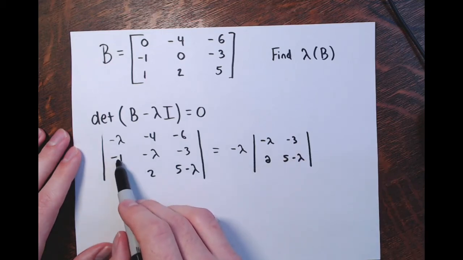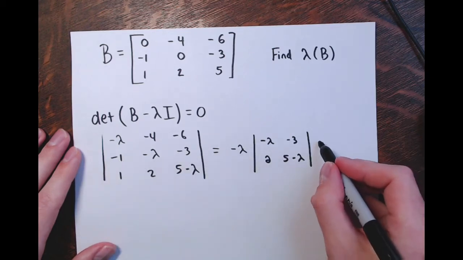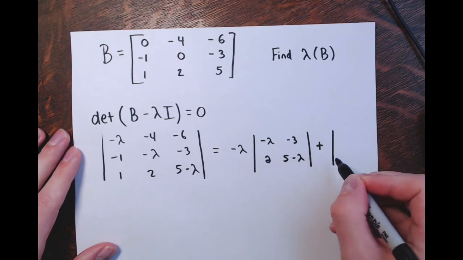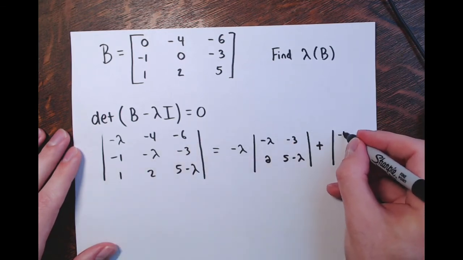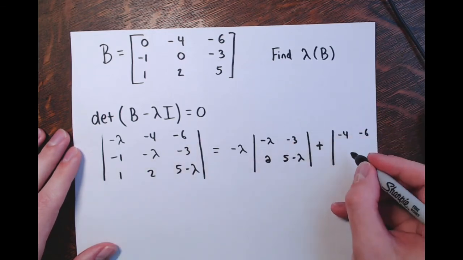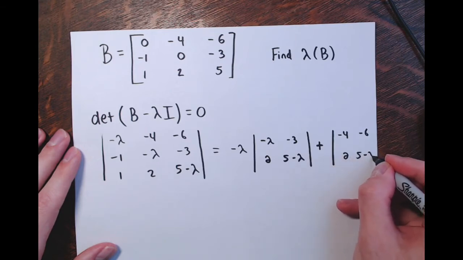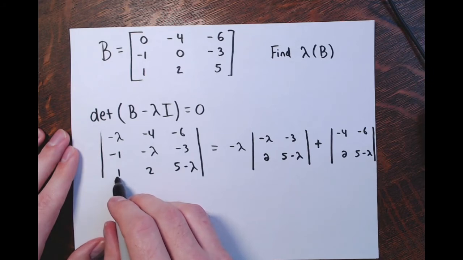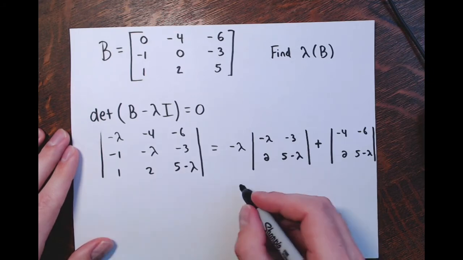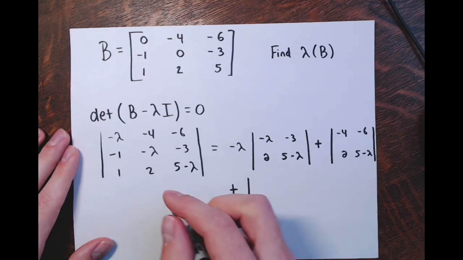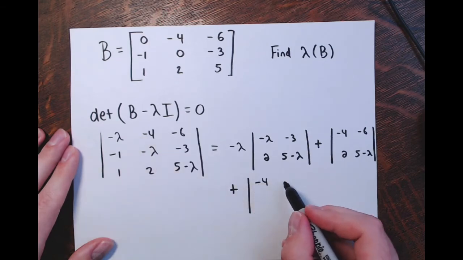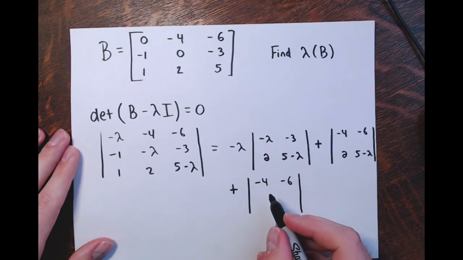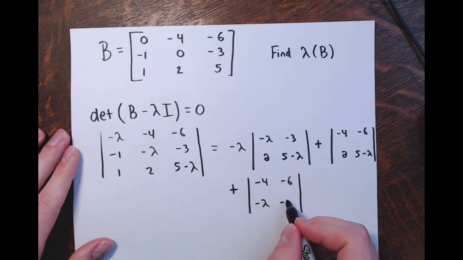And then this is in an odd position, so I'm just going to take the opposite of the number. So plus 1 times its minor: negative 4, negative 6, 2, and 5 minus lambda. And then this is in an even position, right? Third row, first column. So I'll keep that entry the way it is, plus 1 times its minor, which would be the determinant of this 2 by 2 matrix, negative 4, negative 6, and negative lambda, negative 3.